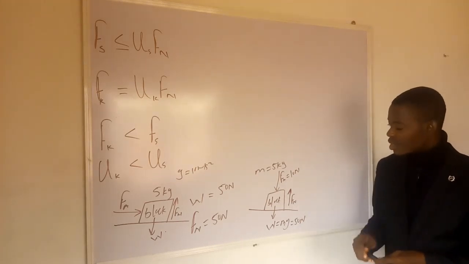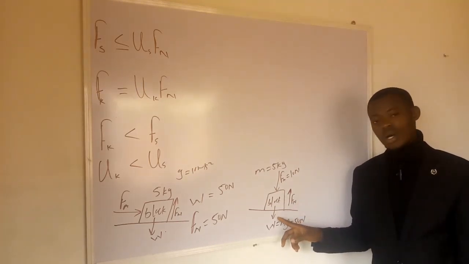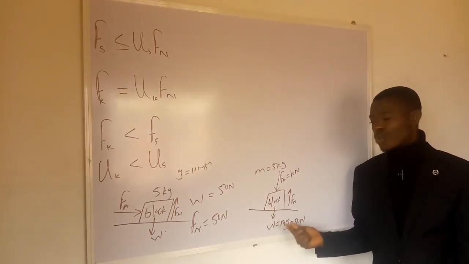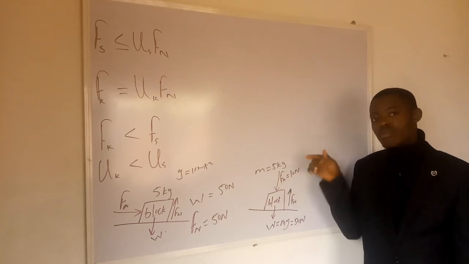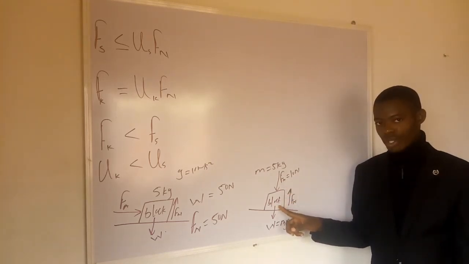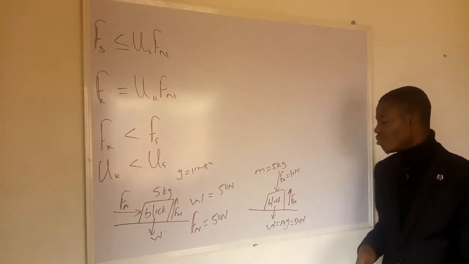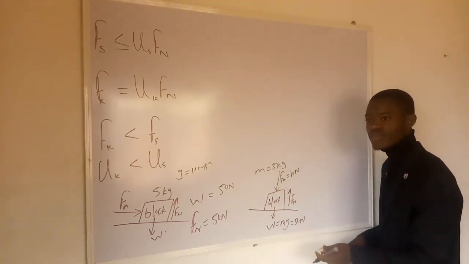Perfect. Now in this case, the normal force won't just support the weight force. It will also support this force that is mounted on the block. So the normal force will be more than the weight force, because it is supporting two different forces.